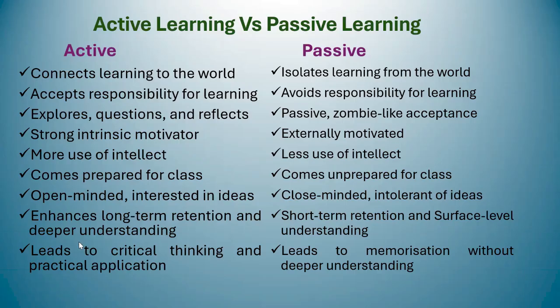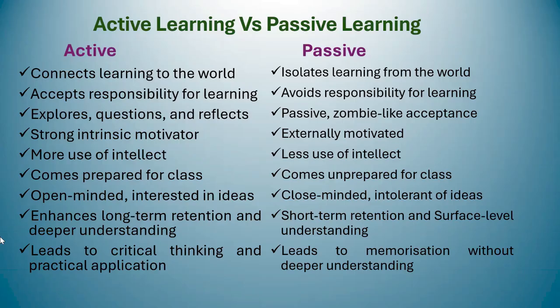Active learning enhances long-term retention and deep understanding. When we discuss things, when we analyze things, when we share ideas, we go for long-term retention and we never forget. The learning is lifelong. Under passive, it is a short-term retention and surface-level understanding only.